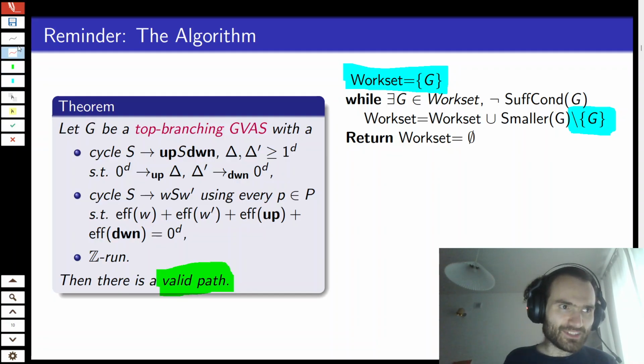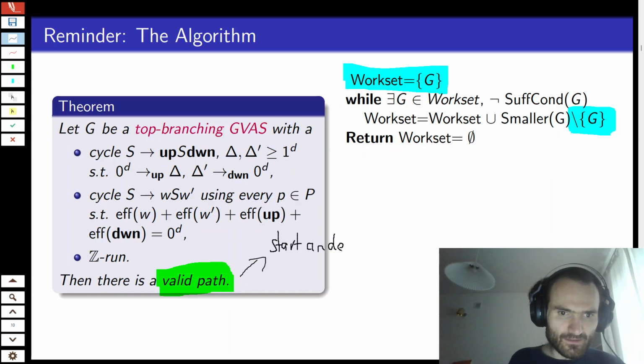Just to remind you what was a valid path, well, a valid path had 3 conditions. It was supposed to start and end at 0 to the d. It's supposed to be derivable in the grammar.